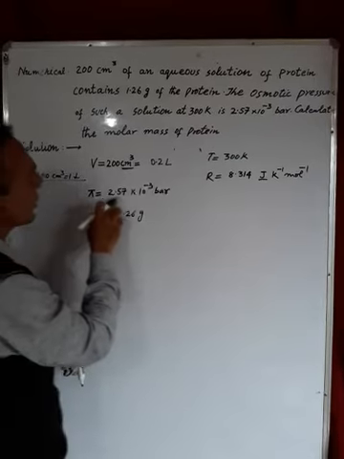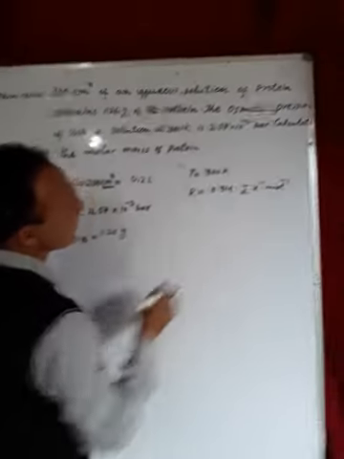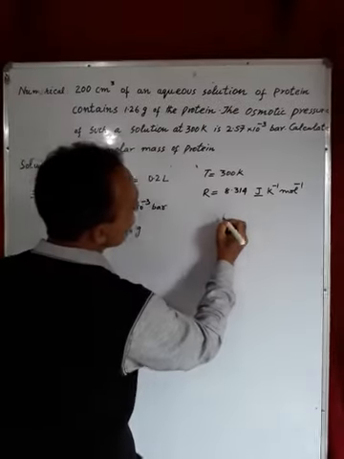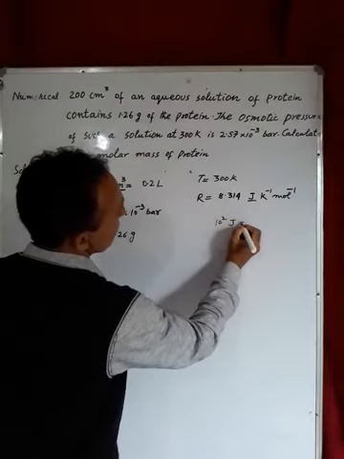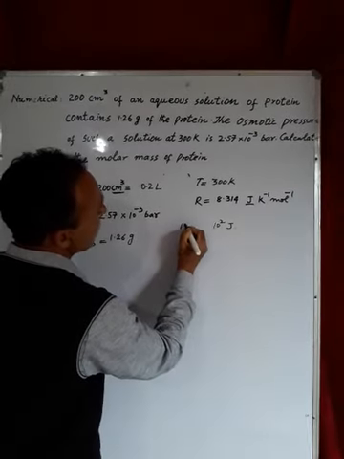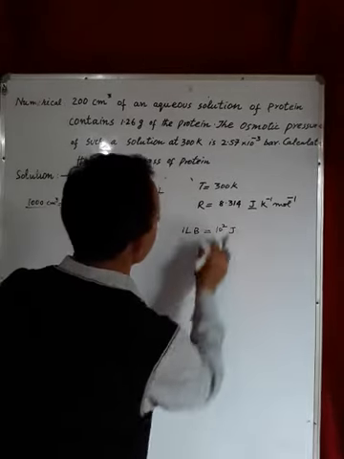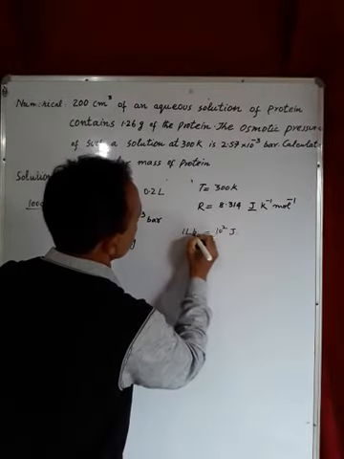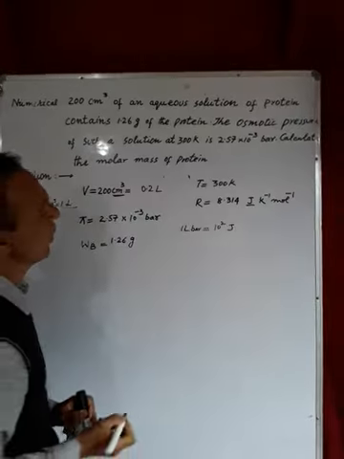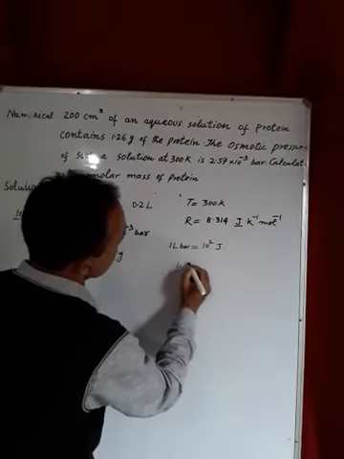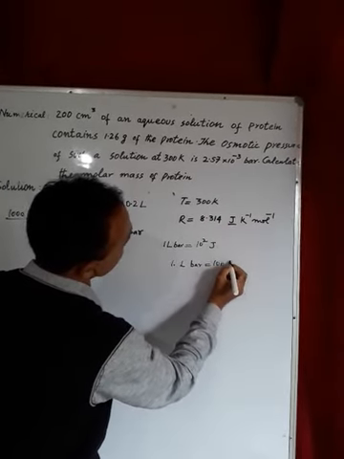Again, we have the osmotic pressure in bar, so here we will convert the gas constant into bar. We know 1 liter bar is equal to 100 joule.